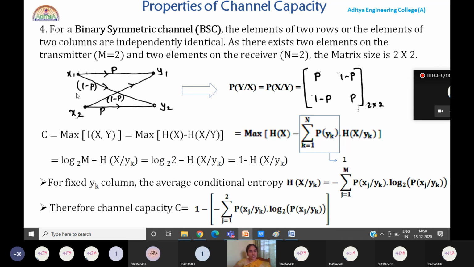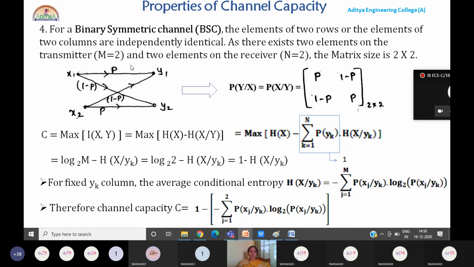So, probability of the input element in the forward direction reaching the correct destination is P. And X1 actually should move towards Y1, but there exists some probability 1 minus P for X1 to reach Y2, and there exists some probability 1 minus P for X2 to reach Y1.